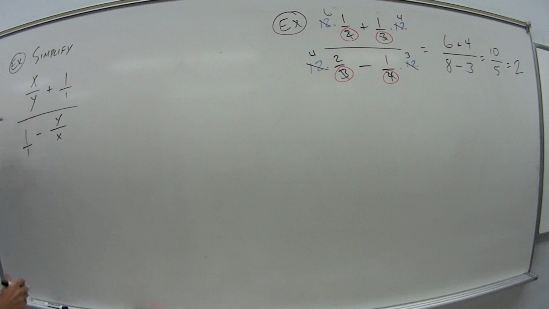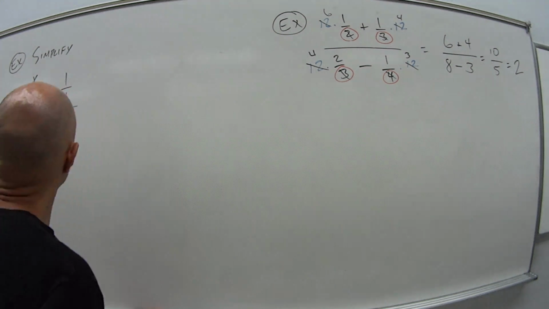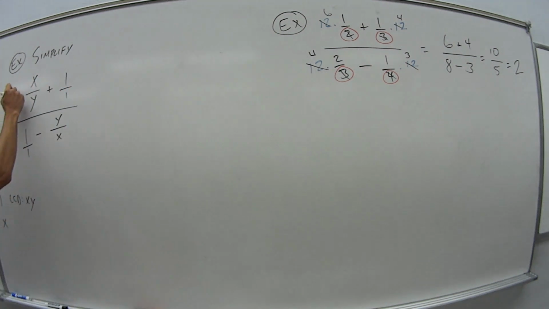So I have what? y, 1, 1, and x. So it's the product of all these, y times 1 times x. So the LCD in this case is just x times y.